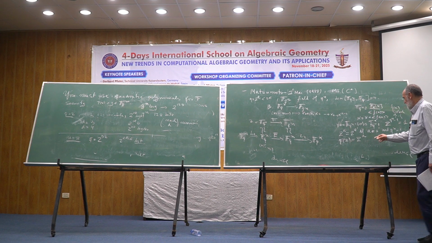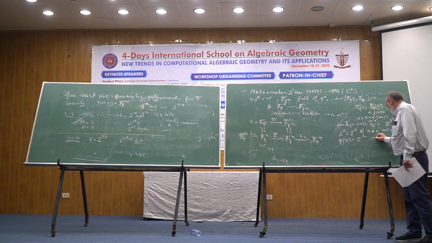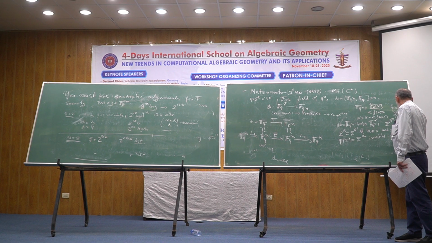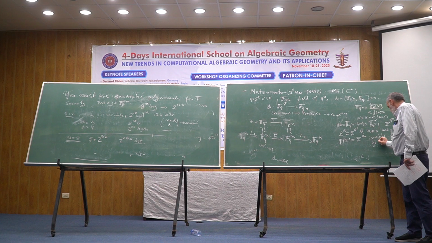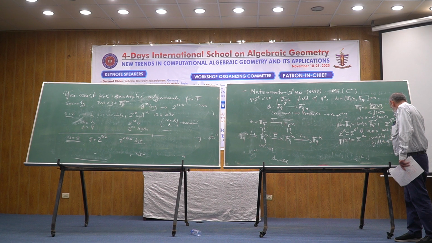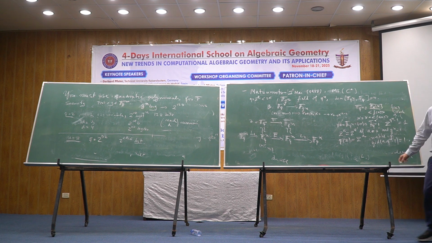And then this is invertible if the GCD of a and q^n minus 1 is equal to 1. All right? So it's like RSA.